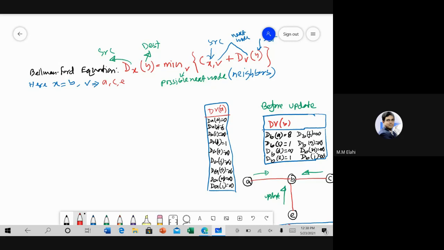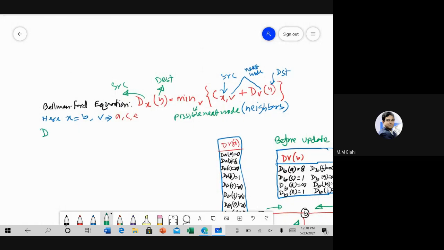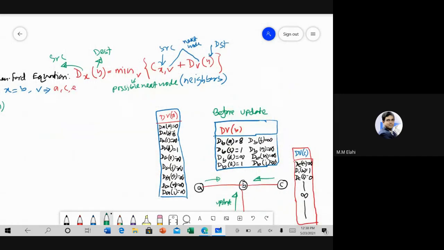So for example, order doesn't matter, you can start with dBA. See, I have written here before update. Before update means this is the state of the table of B's distance vector.